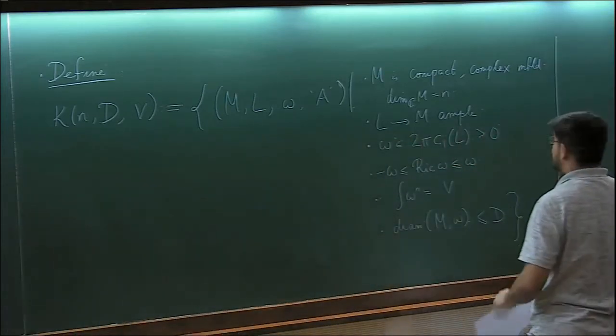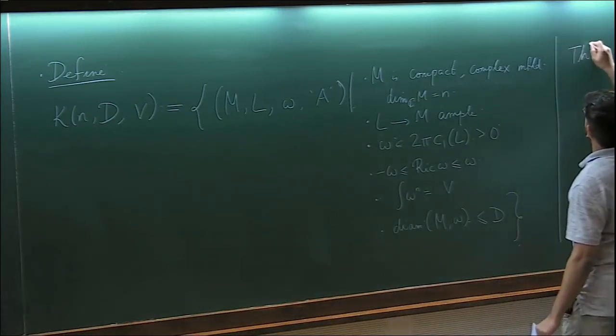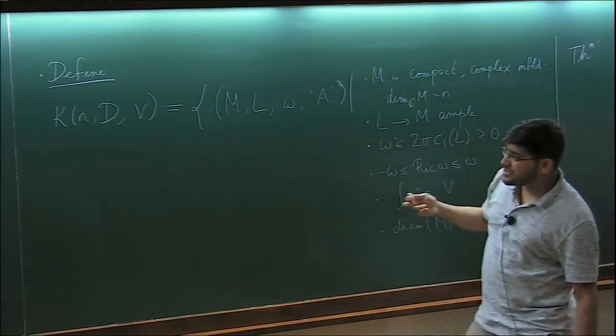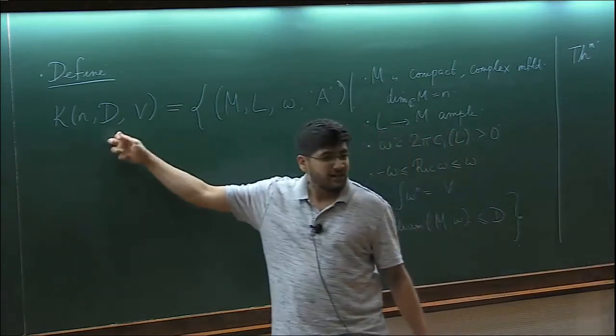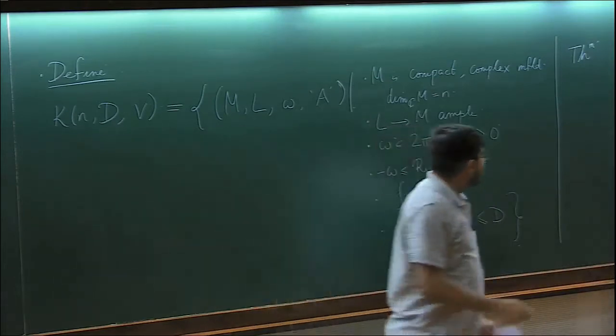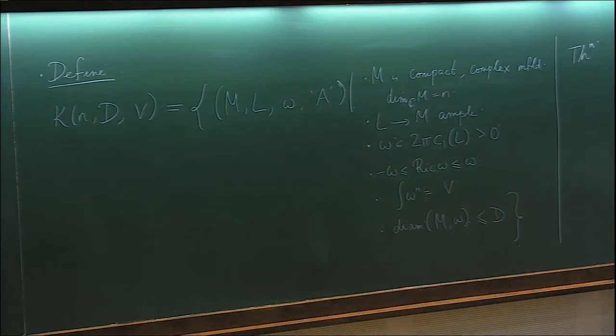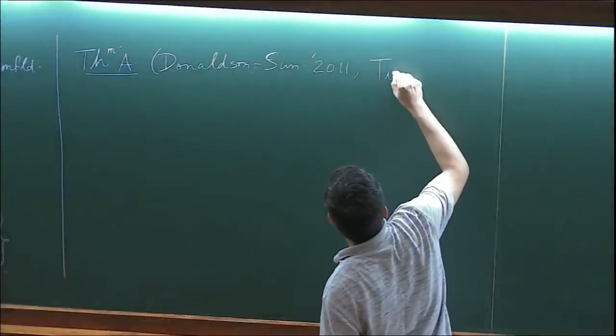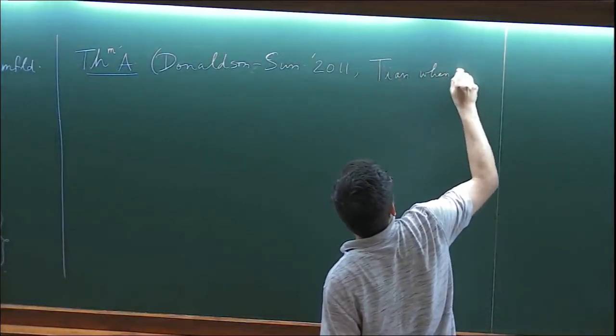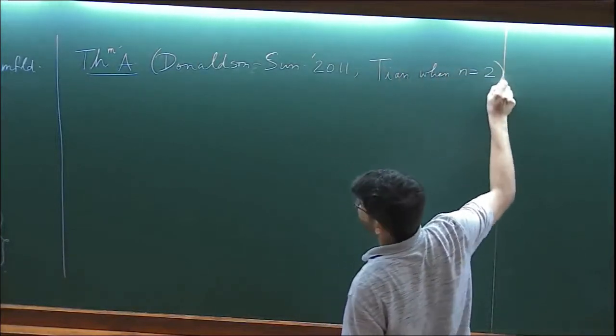Then the main theorem of Donaldson-Sun basically gives you an effective version of Kodaira's embedding theorem for manifolds in this class. I'll call this Theorem A. This is due to Donaldson-Sun, I think in 2011 or something, and it was due to Tian when the complex dimension is 2.